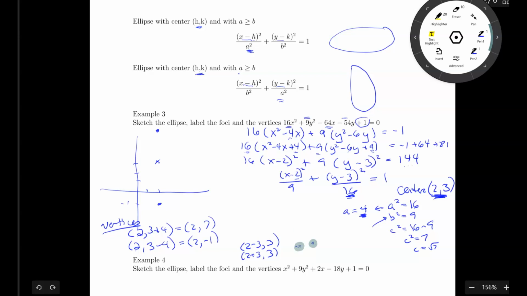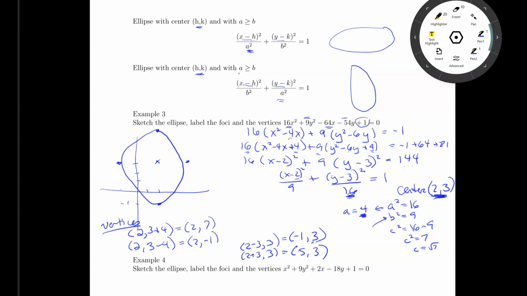This gives me 2 minus 3, so that's negative 1, 3, and then 5, 3. Those are the sides of my ellipse: (negative 1, 3) here, and (5, 3) here. So it looks like this. Not a great picture, sorry about that.